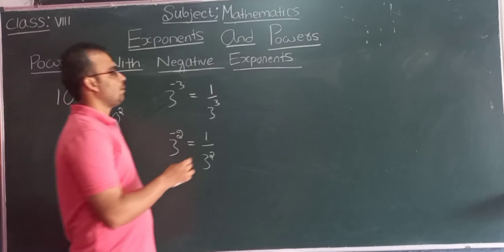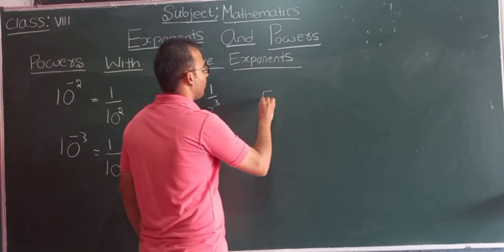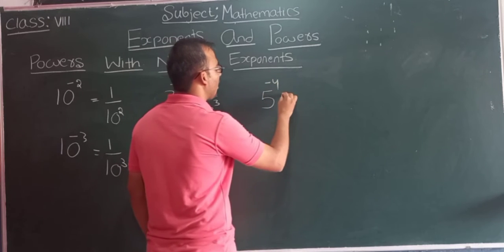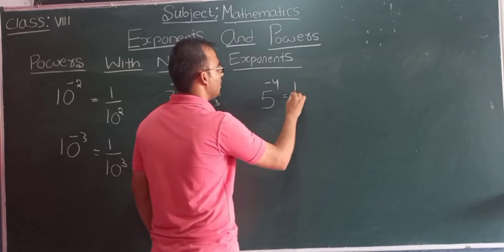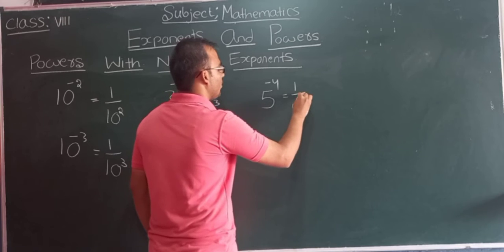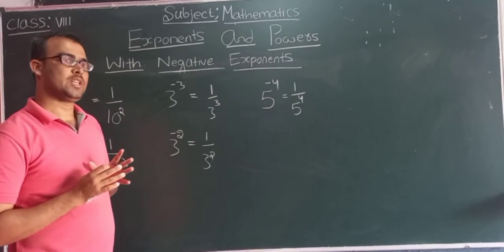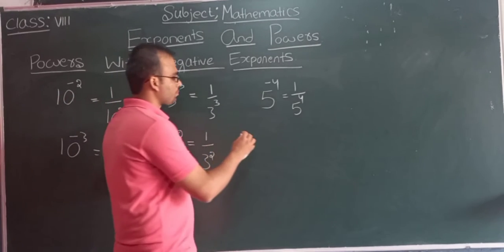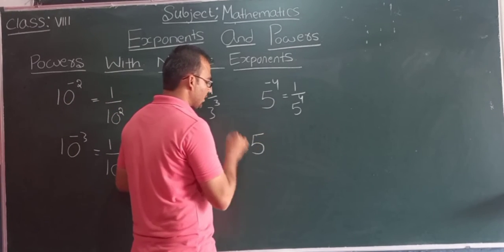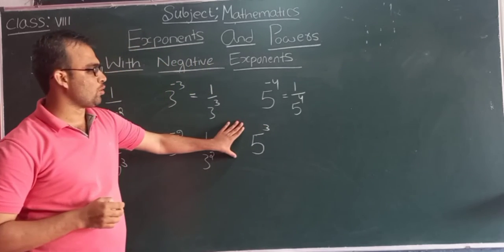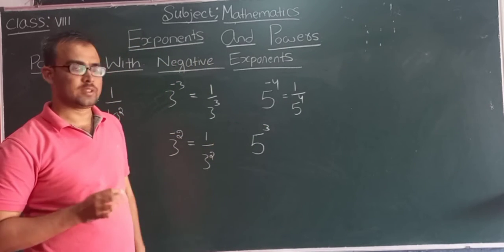Suppose here 5 to the power minus 4 is there. Then how to express this in positive form? That is 1 by 5 to the power 4. Next, one more thing students, suppose a positive number is there, that is 5 to the power 3.